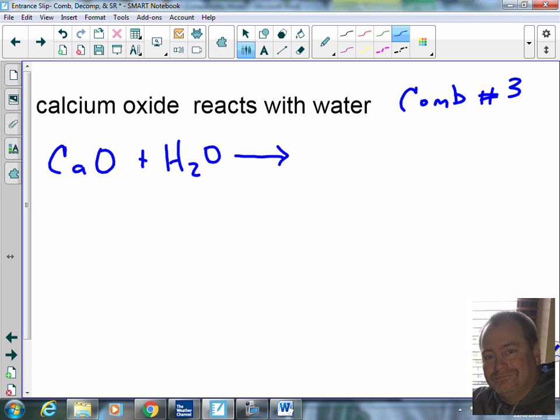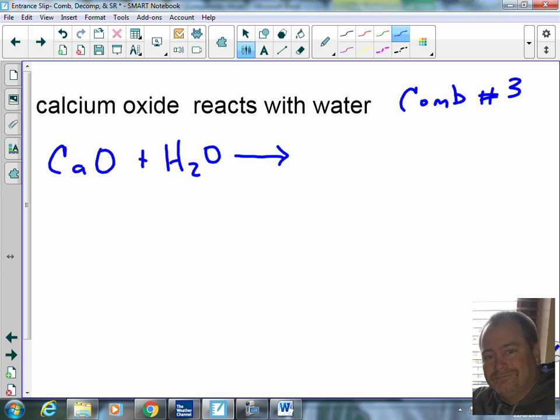So an active metal oxide plus water, liquid or cold, like I said, we're going to assume that this is liquid cold water. If it said steam, it wouldn't work. But this is water, so it's going to yield a metal hydroxide.